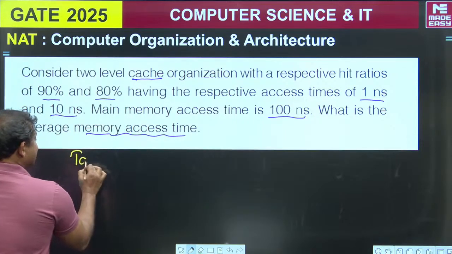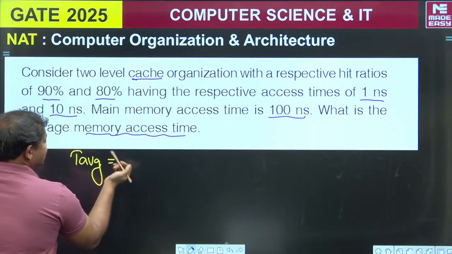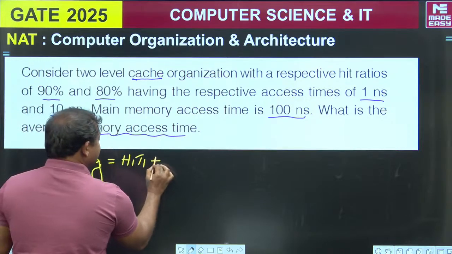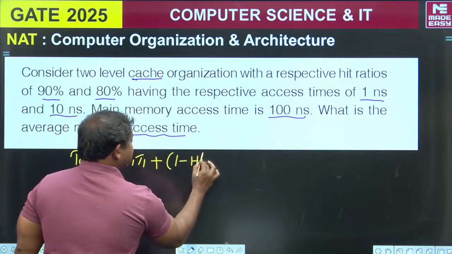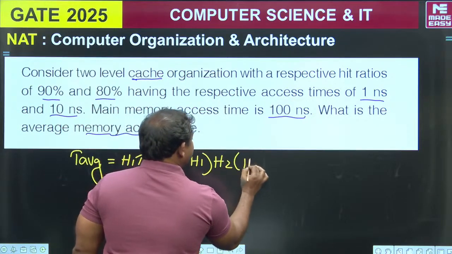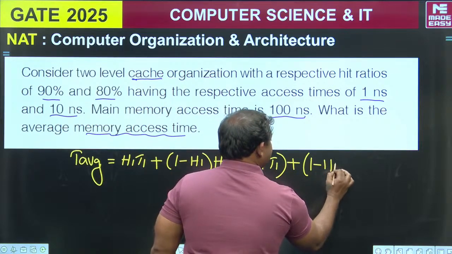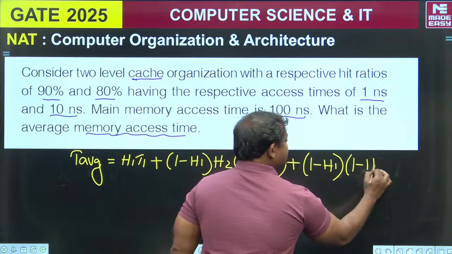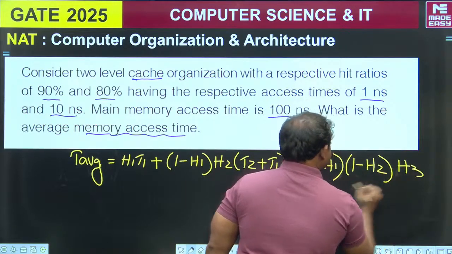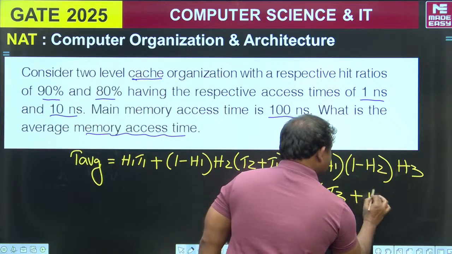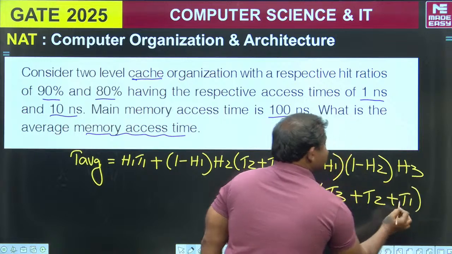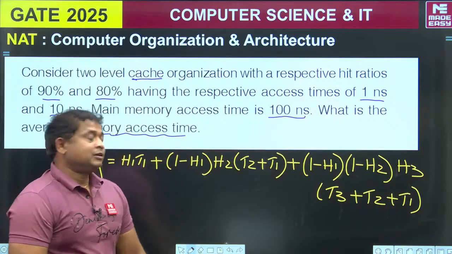So for the hierarchical memory organization, T average formula is H1 into T1 plus (1 minus H1) into H2 into (T2 plus T1) plus (1 minus H1) into (1 minus H2) into H3 into (T3 plus T2 plus T1). This is the hierarchical organization formula.